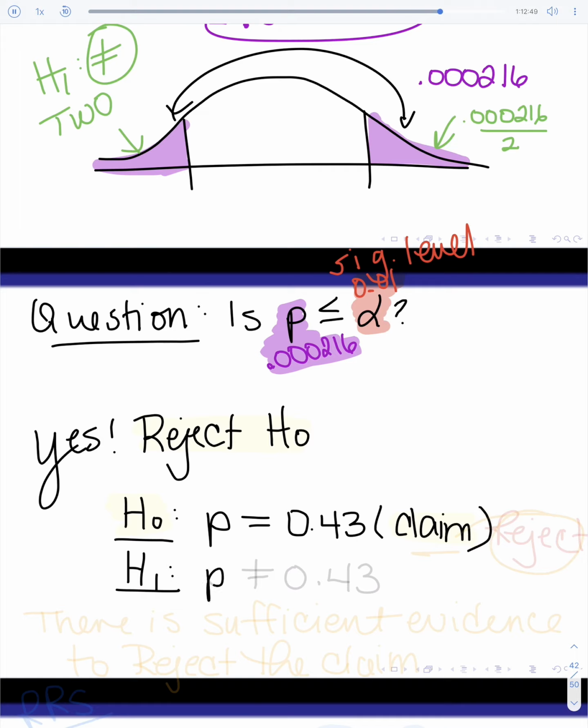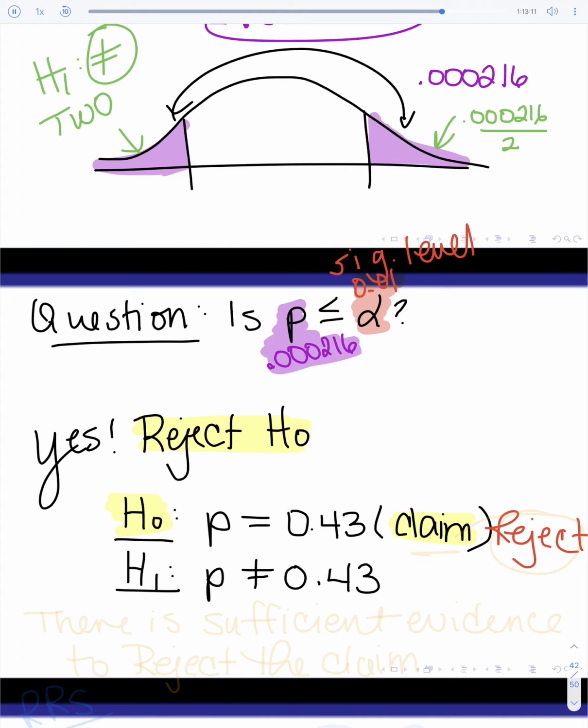And our H1 was that p doesn't equal 0.43. We care about which one our claim is, which is our H0, which happens to be what we are rejecting. So I'm going to write reject next to that.